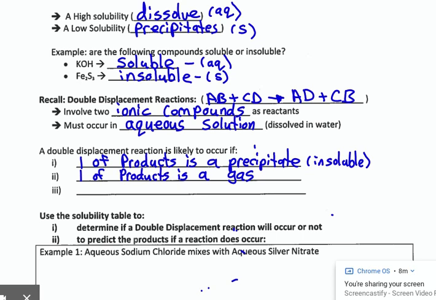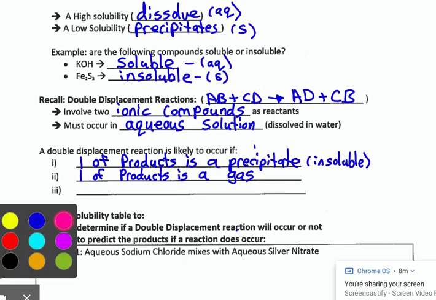Or we might come across it, but we won't use it. We won't see it very often. Now, when we're saying that one of the products is a precipitate, the other product needs to be soluble. So basically, for a double displacement reaction to happen, you need to have one insoluble product and one soluble product.